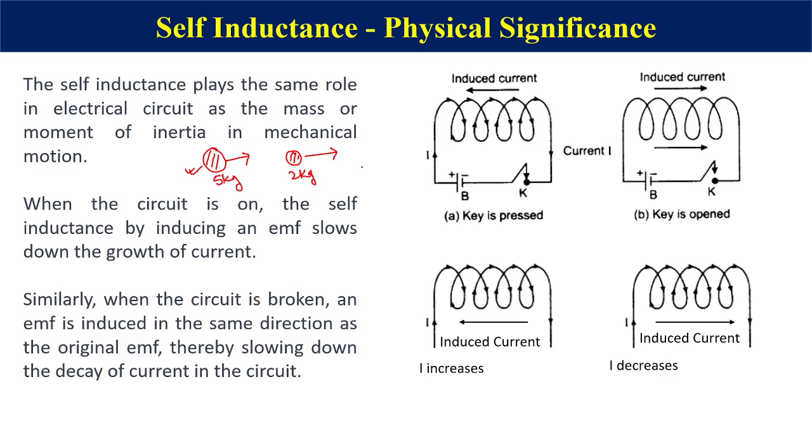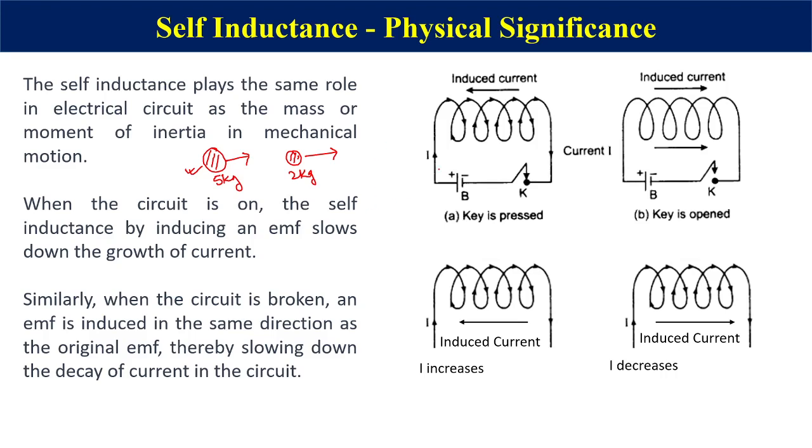Quite similar to that, you have moment of inertia, which is the inertia related to rotational motion. So you have rotational inertia, which we call the moment of inertia. Self-induction plays the same role as the mass or the moment of inertia in mechanical motion. That means in an electrical sense, as current wants to increase in a circuit, because of self-inductance, there is an induced current which opposes this growth of the current.